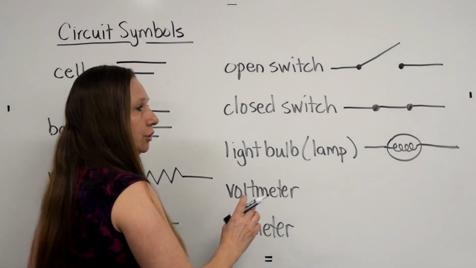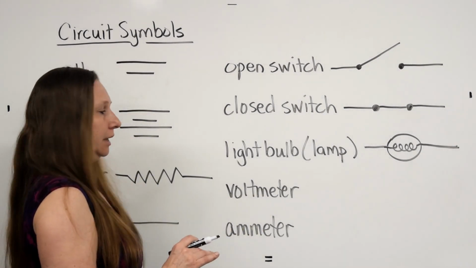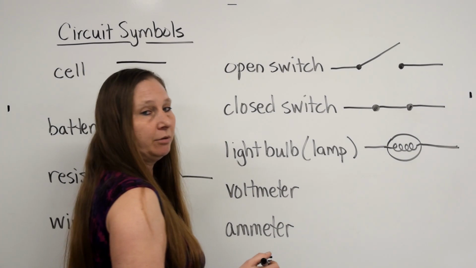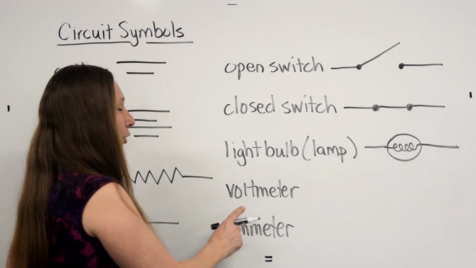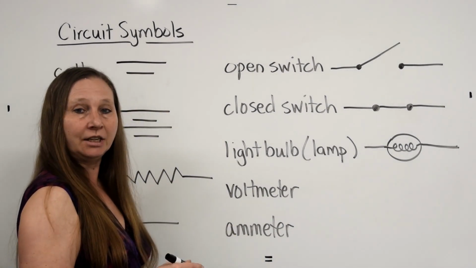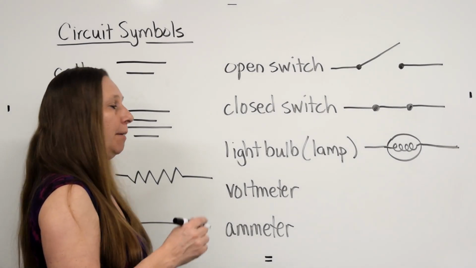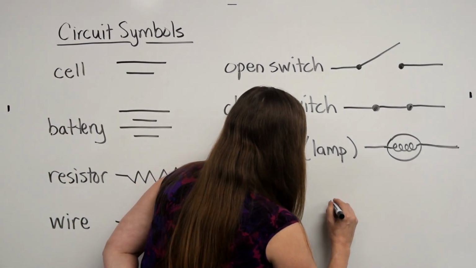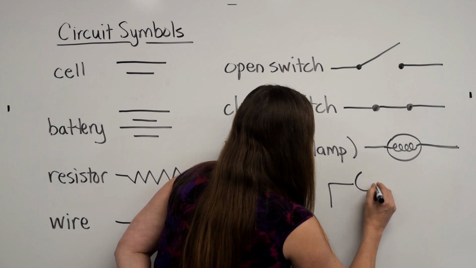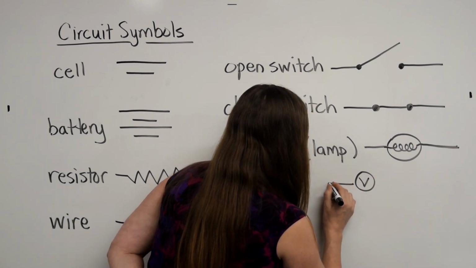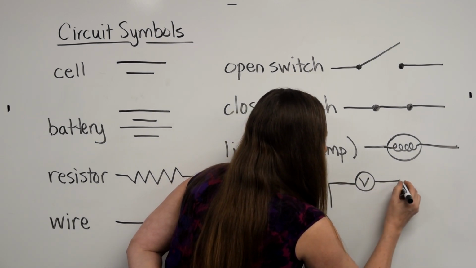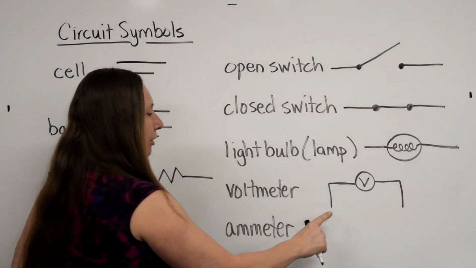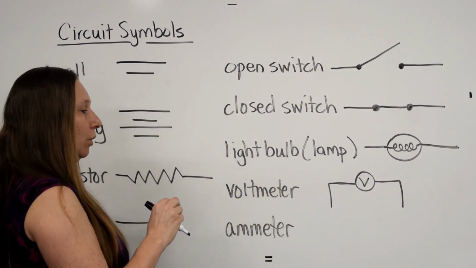Now, I'm going to draw the voltmeter a little bit differently than what you would see on your reference tables to emphasize the fact that voltmeters are always connected to what they are measuring in parallel. So I'm going to draw the voltmeter like this. There's the V for voltmeter. And instead of making a straight line, I'm going to put it around what it's measuring.